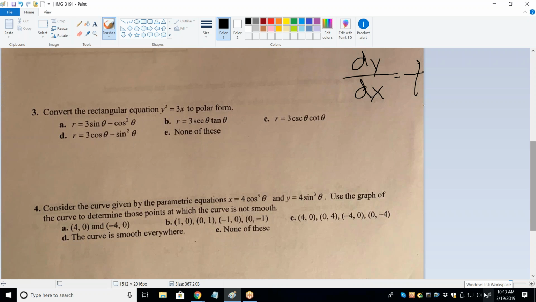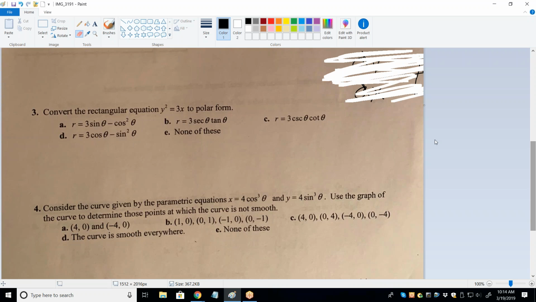I didn't realize in Paint I could write without turning on my thing. Here's the erase button right there.